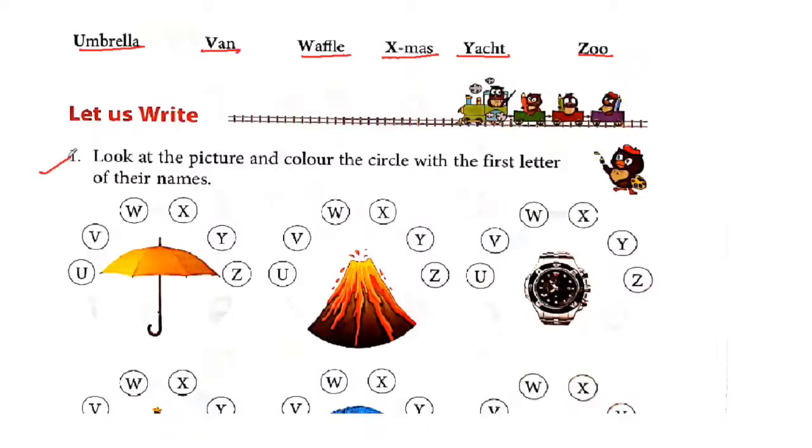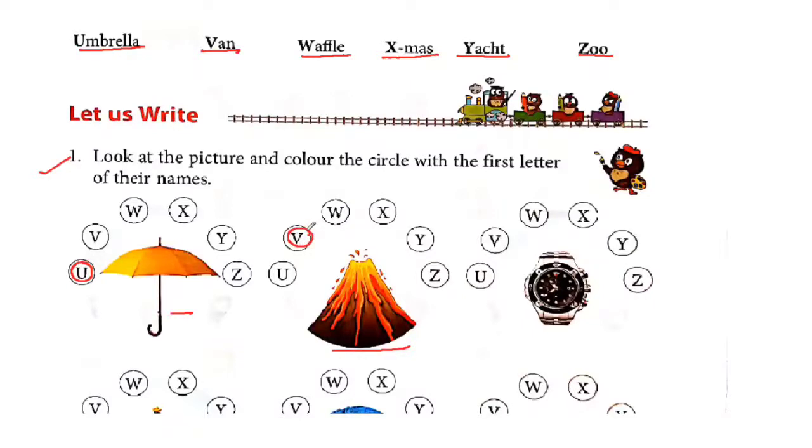So you have to color the letter that the spelling of the picture starts with. So what is this picture about? This is an umbrella. So U stands for umbrella.